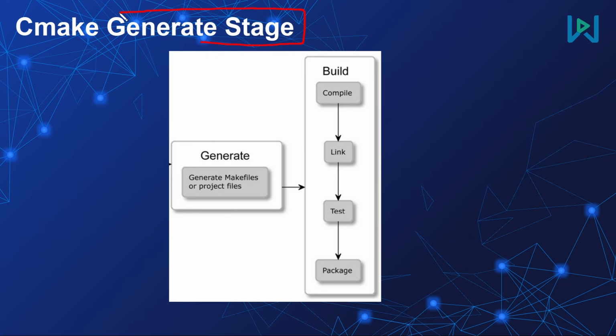Now, for the generate stage, CMake this time will take as input the outcome of the configure stage, meaning the CMakeCache.txt.